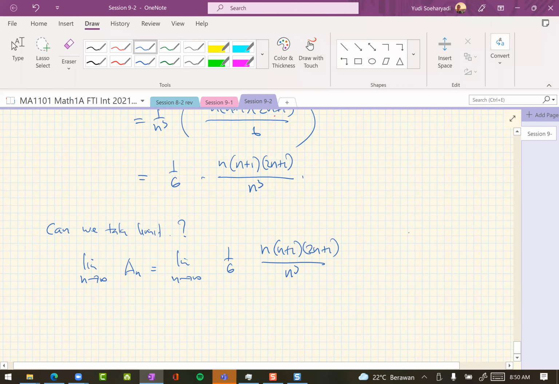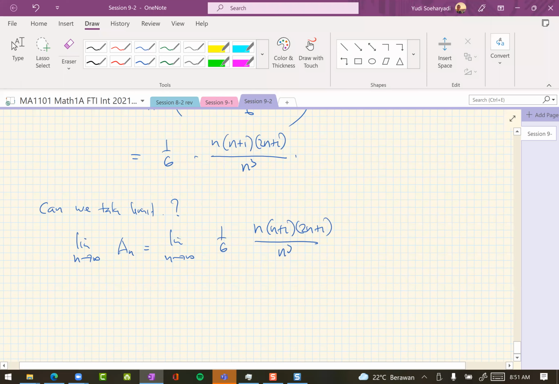But this is the limit of what you call rational functions, polynomial over polynomial, so it only depends on the degree of the polynomial. So in the numerator you have a cubic, and the denominator also has a cube, right?